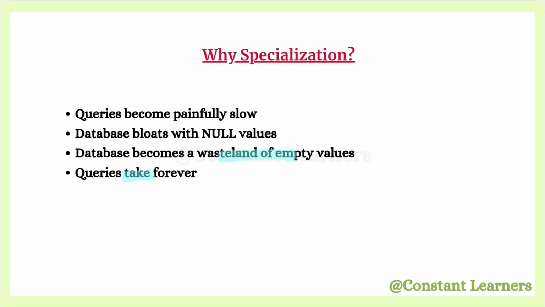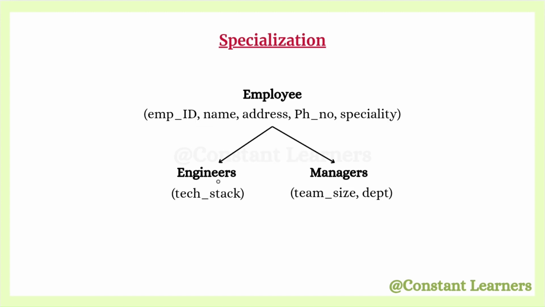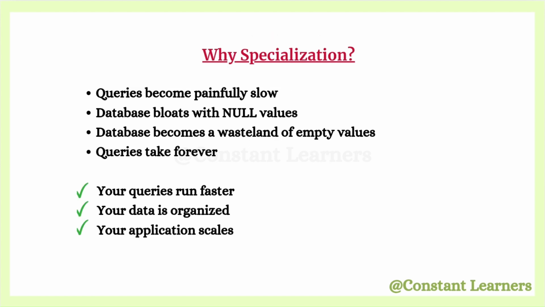So, what can we do? With specialization, we can divide employee into two separate tables, two separate entities, that is engineers and managers. So engineers can have their column tech stack and managers can have their columns like team size and department. And suddenly our queries will start to run faster and our data will be more organized and the application scales.